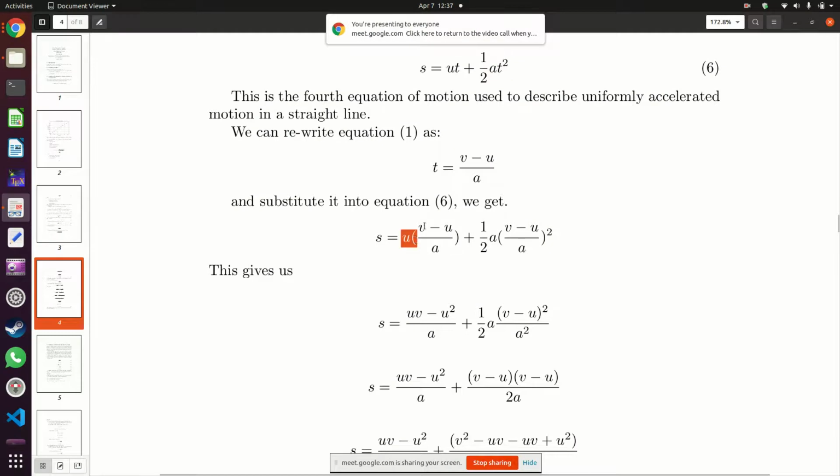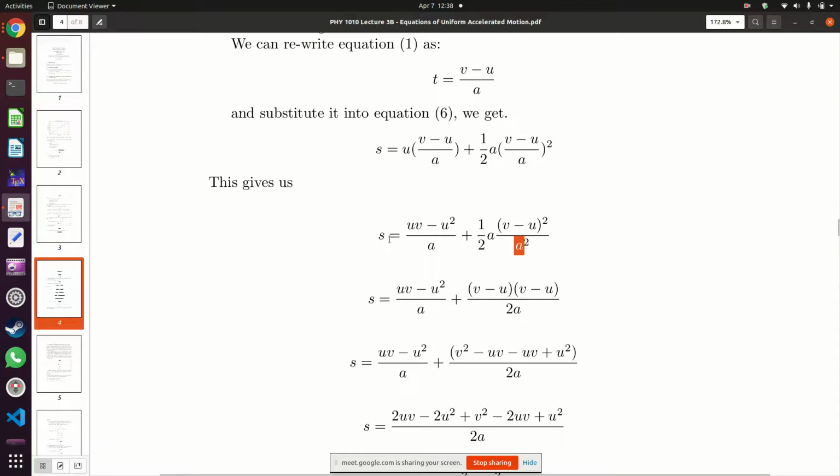So u multiplied by v is uv, then minus u multiplied by u is u squared here, then the whole thing divided by a. Then plus half a, then v minus u is squared. This is what we have here: v minus u squared, then at the bottom there we've got an a, so that a is squared. So we end up with that. So here you end up with s is equal to uv minus u squared divided by a, plus half a.